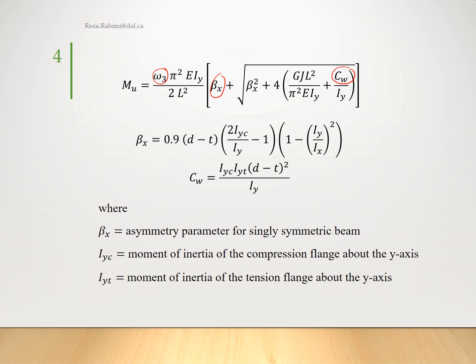And Iyc is the moment of inertia of the compression flange about the y-axis, and Iyt is the moment of inertia of the tension flange about the y-axis. So by having these, we know what Ix and Iy, Iyc and Iyt are, so we can calculate Cw and beta x. By calculating Cw and beta x, we can calculate this formula, except we need omega 3 too.